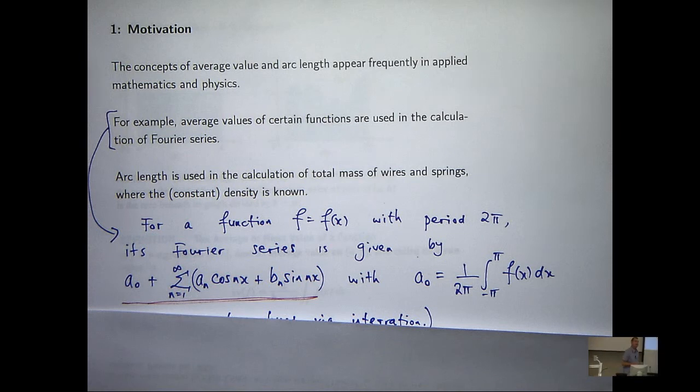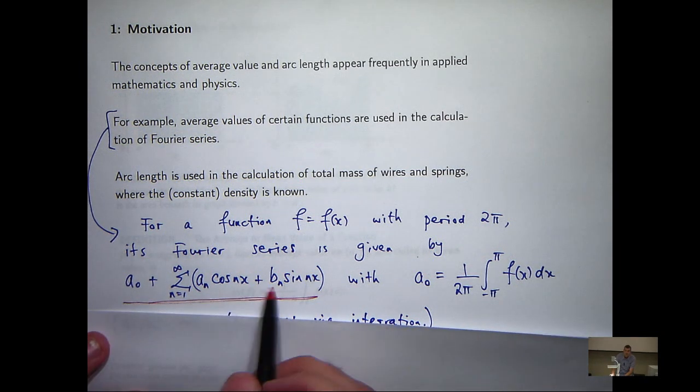So if you have a function, for example, with a period, say 2 pi, I've just chosen that for convenience, the underlined series is called the function's Fourier series. If you do any second year maths, applied maths, you'll look at Fourier series.